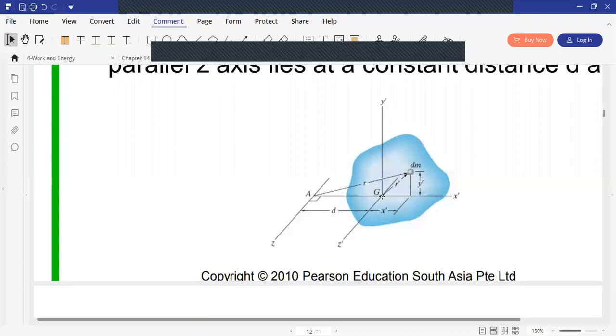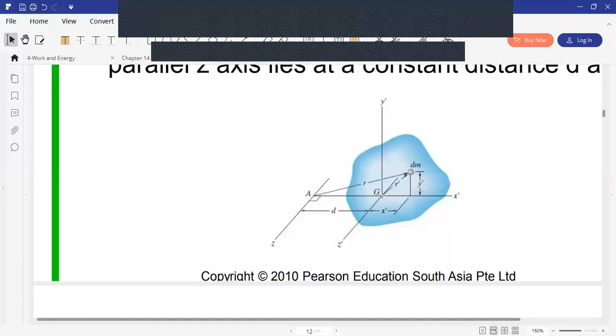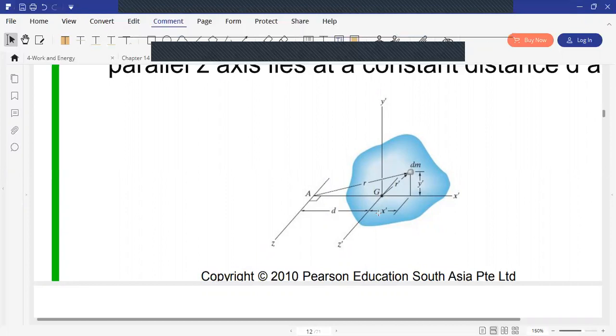So I can replace integral x prime dm by x prime of the center of mass times the mass. But look here, what is x prime of the center of mass? Zero. Why? Because what is the origin of x prime, y prime, z prime? G. So x prime G is 0 because G is the origin.